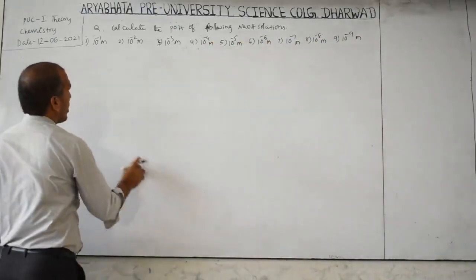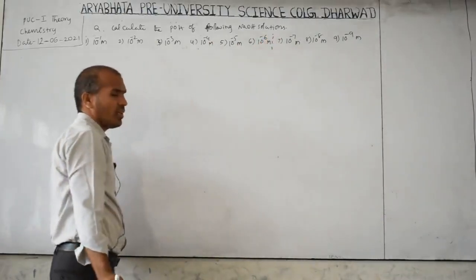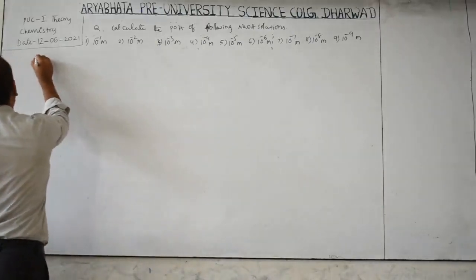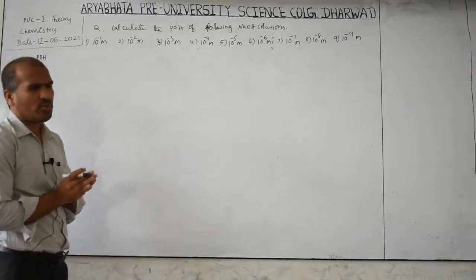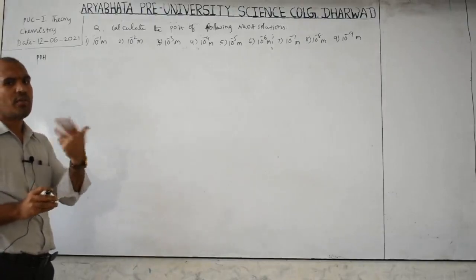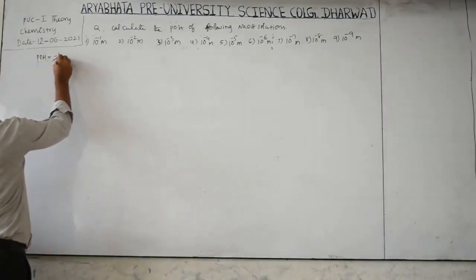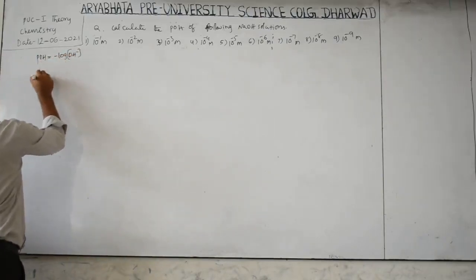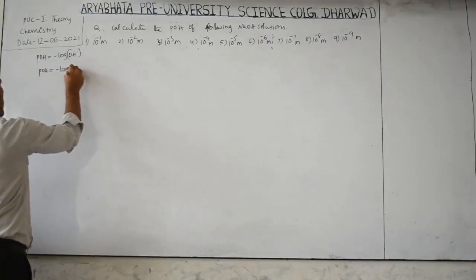Then how to calculate? Already I told you that for the values given up to here, the respective pOH will come, because this is a base. When a base is given, always try to calculate pOH first. Later you can calculate the pH. So pOH is equal to negative logarithm of OH minus ion concentration. Then pOH is equal to negative logarithm of 10 power minus 1.